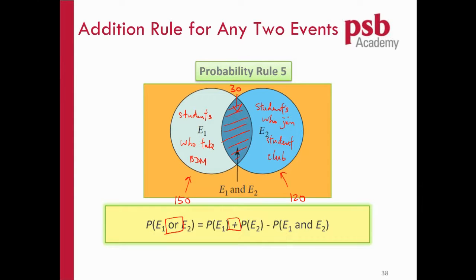How many students are taking BDM but not joining the student club? This 150 is all, yeah? All 150. This 120 is all. And we know that there are 30 students who join the student club and do BDM at the same time.